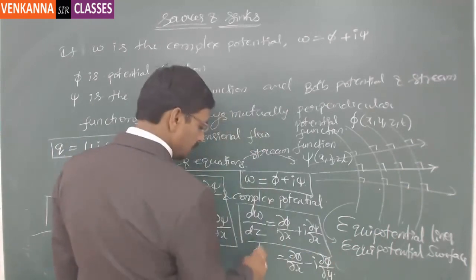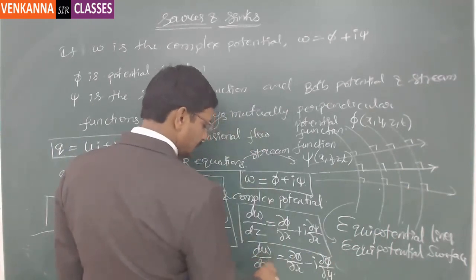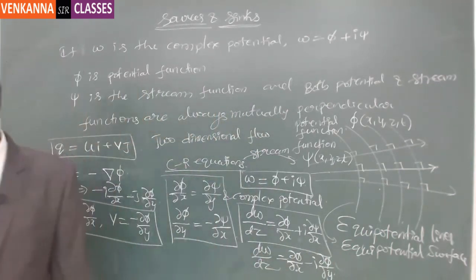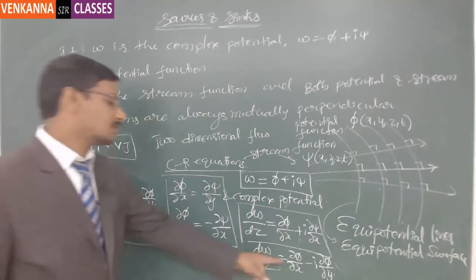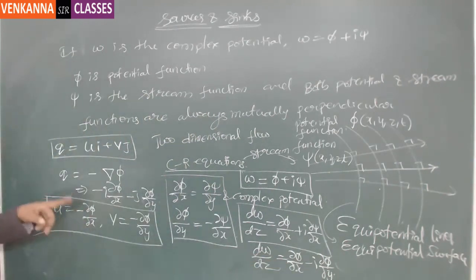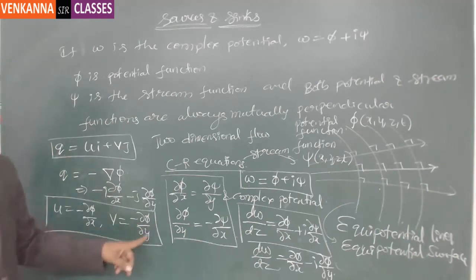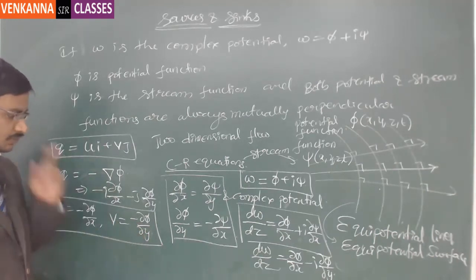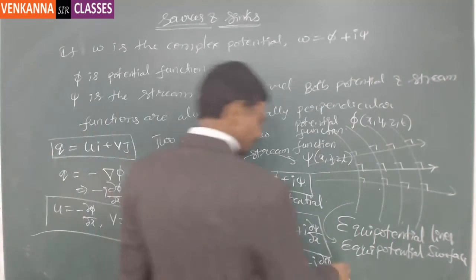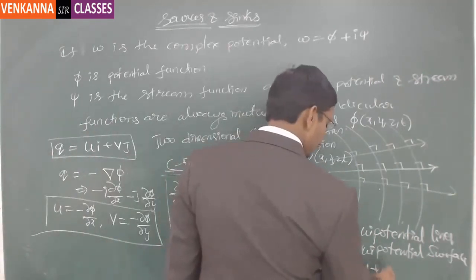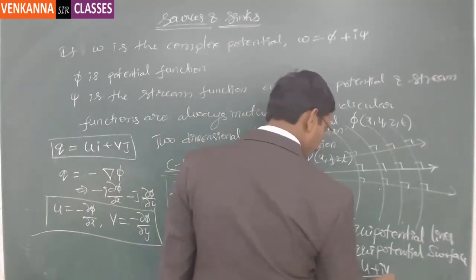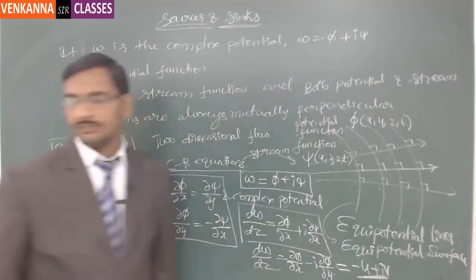So this is dw by dz, which is nothing but the complex velocity. Dou phi by dou x you can replace with minus u, and dou phi by dou y you can replace with minus v. So this is minus u plus i times v. This is what we call the complex velocity.